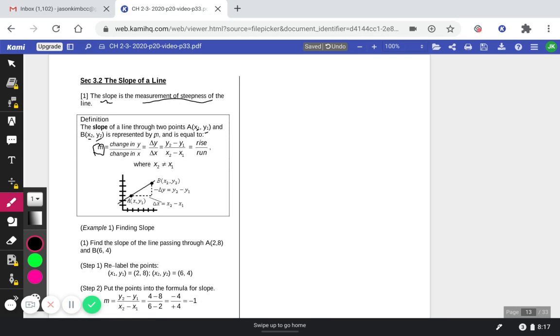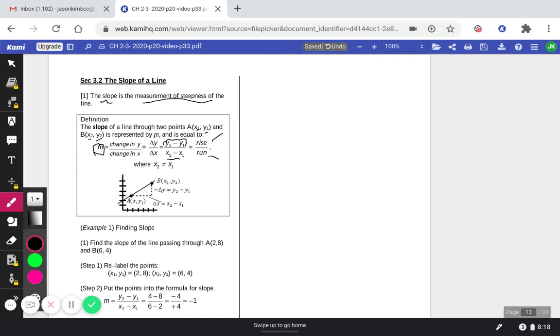And slope is the change in y on the numerator, so y2 minus y1, and the change in x at the denominator, which is x2 minus x1. It's also described as rise on the top and run on the bottom, when x2 is not equal to x1.